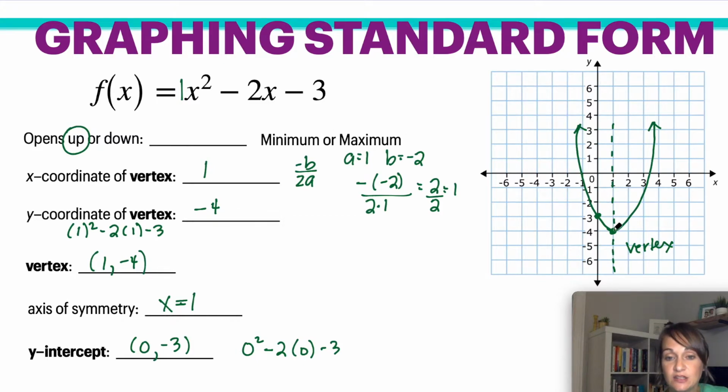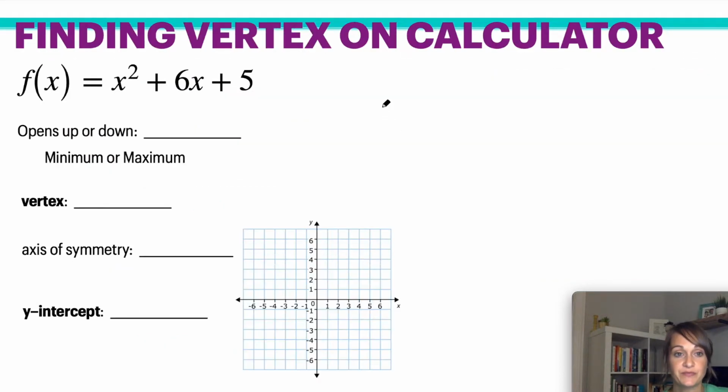This is the lowest point of our graph, which means it is a minimum value. So if a is positive, you're going to get a minimum value because it's going to open up from that point. So minimum means that a is positive. Maximum means that a would have been a negative number.